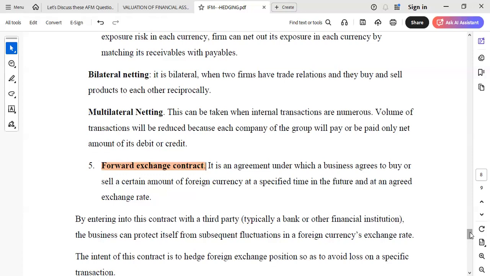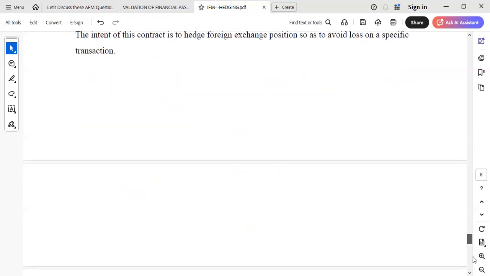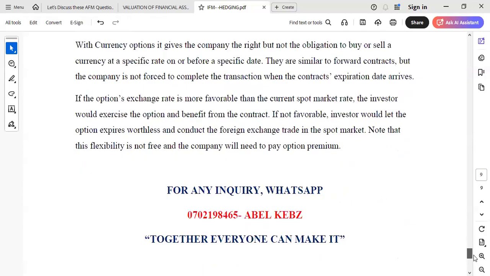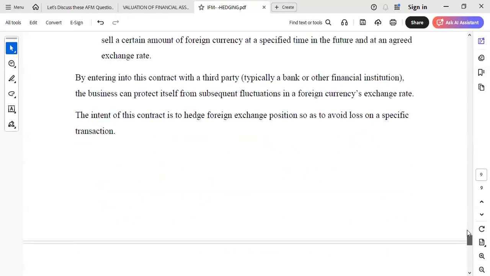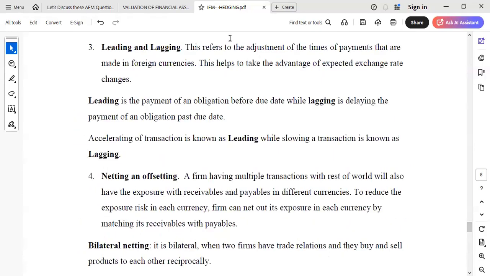But we see that the exchange rate keeps on fluctuating. So we agree on the exchange rate. At the time you are paying me that money, what should be the exchange rate? We agree on that. We agree on the exchange rate, we agree on the time. That is forward rate agreement. Of course, there are calculations, but if you can pass the theory, good for you.